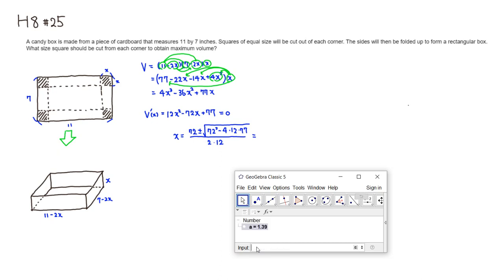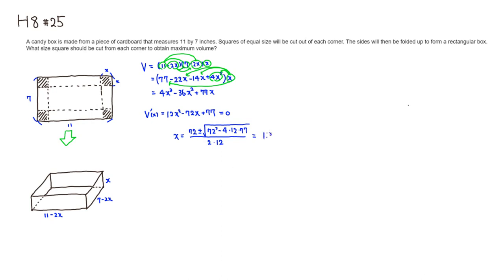Hit enter. It came to be about 1.39. This is an approximation.